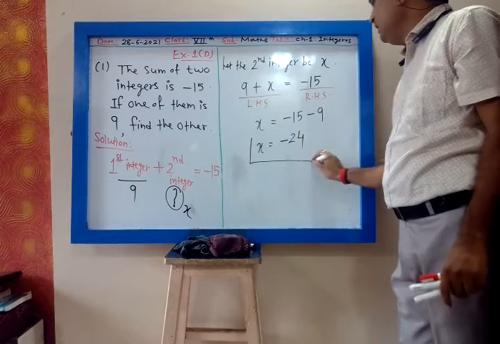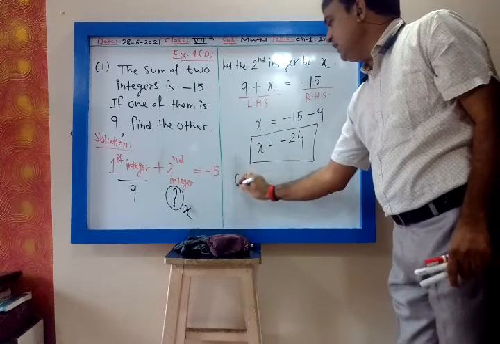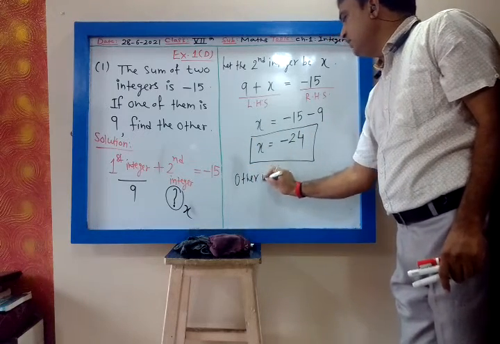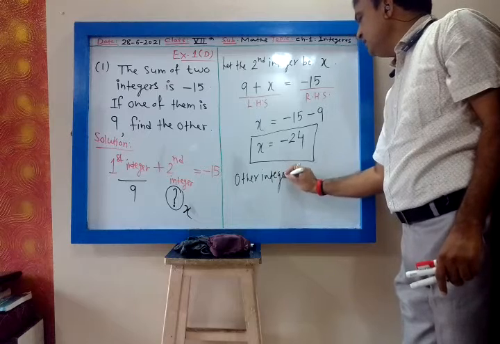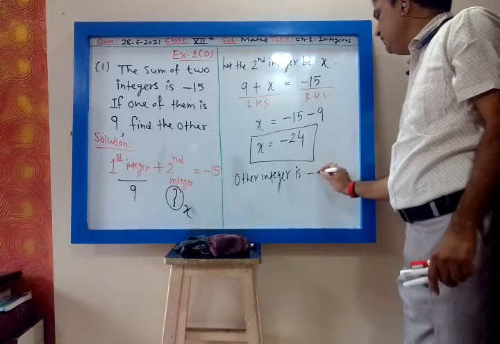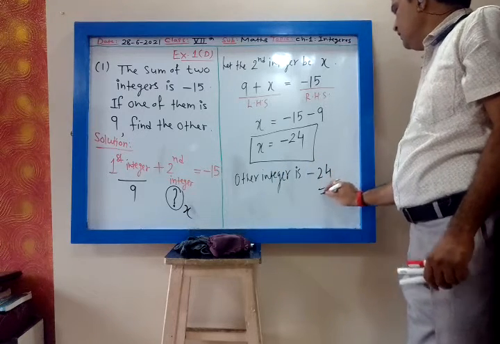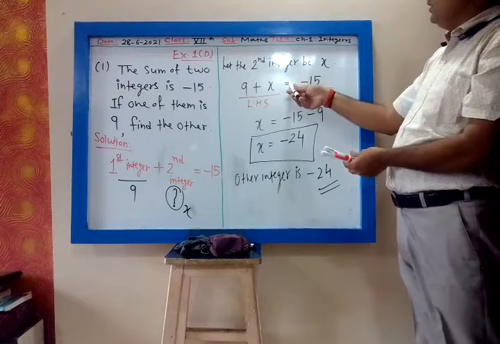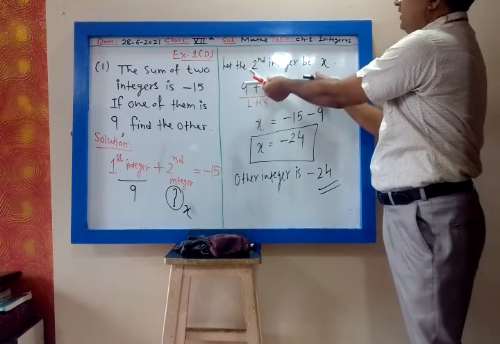So x is equal to minus 24. So we write the other integer is minus 24. This is our answer.